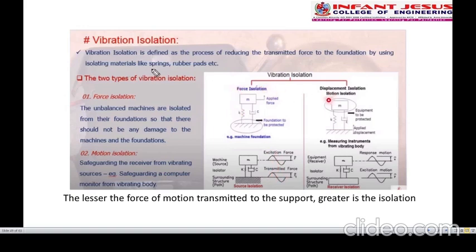Next is the motion isolation or displacement isolation. Here, what we consider is the source, and this is the force applied displacement. We receive the vibration or the disturbance from this foundation.